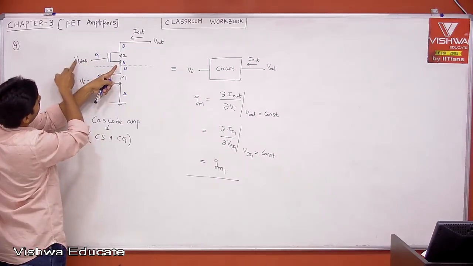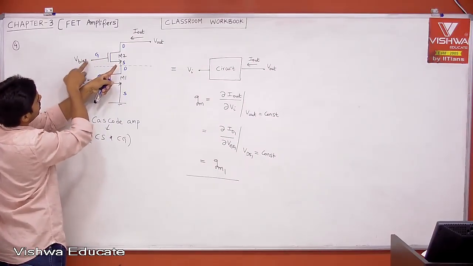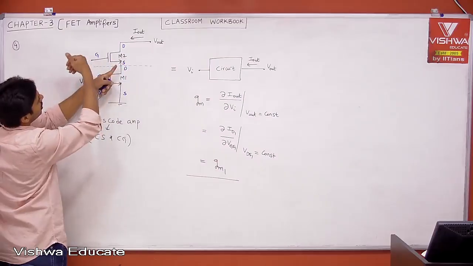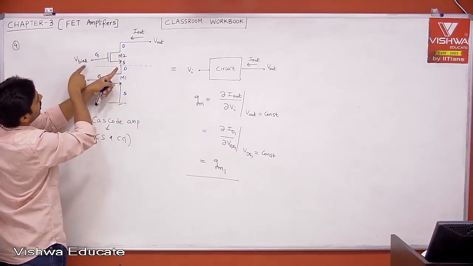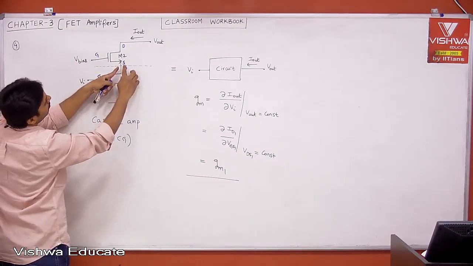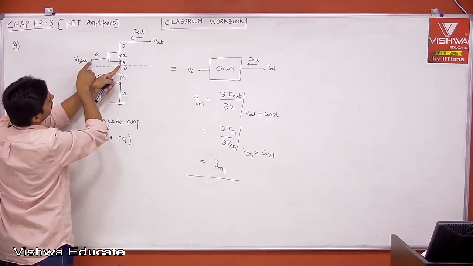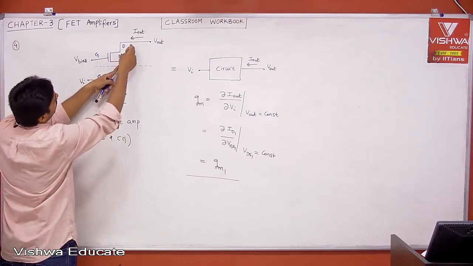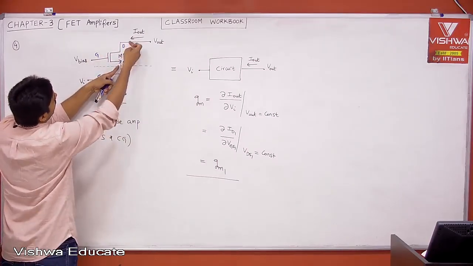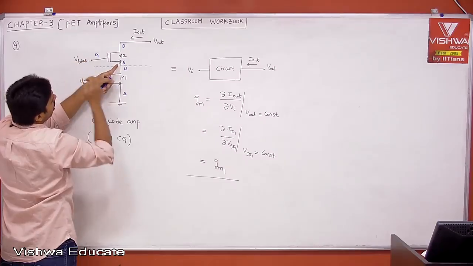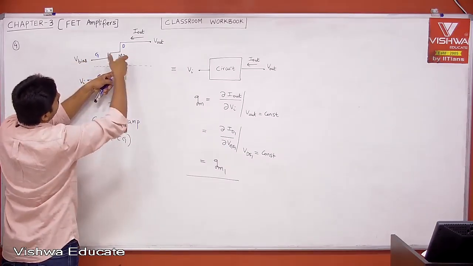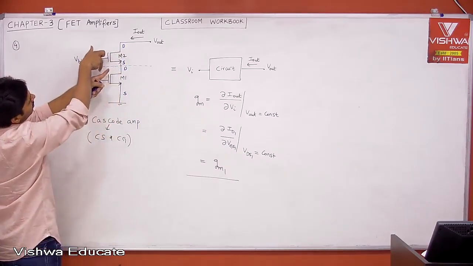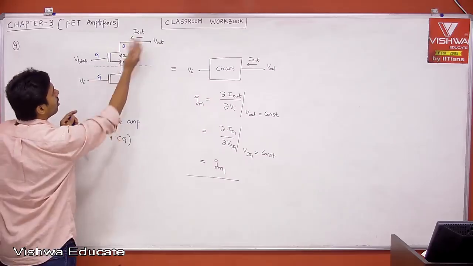For AC analysis, the V bias will be connected to ground because it is a DC voltage. For AC analysis, all DC quantities are connected to ground. Therefore, gate is at AC ground. Input voltage is applied at source with respect to ground, and output voltage is taken at drain with respect to ground. For both input and output, gate is common. Therefore, the output of the common source amplifier is given as input to the common gate amplifier. So it is a common source, common gate combination.